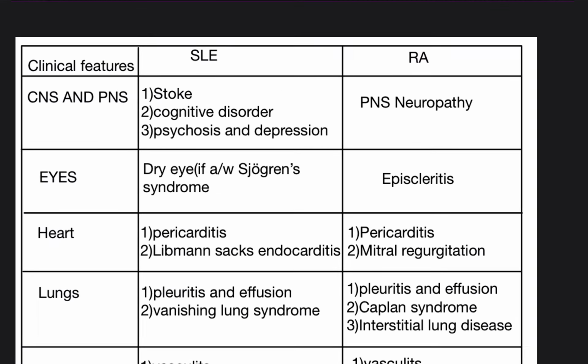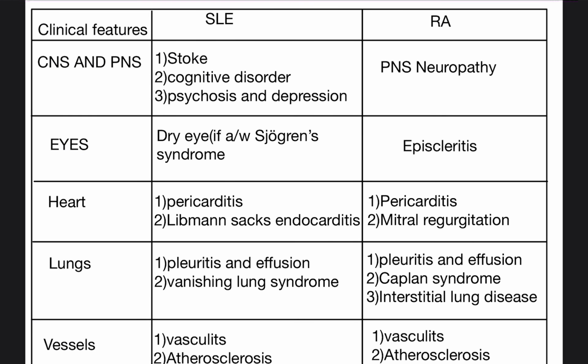Okay, so now we are going to study the clinical features of SLE and rheumatoid arthritis. We'll study in a different way. First, the clinical features seen in CNS and PNS. In SLE, it is stroke, cognitive disorder, psychosis and depression. And in rheumatoid arthritis, we see PNS neuropathy.